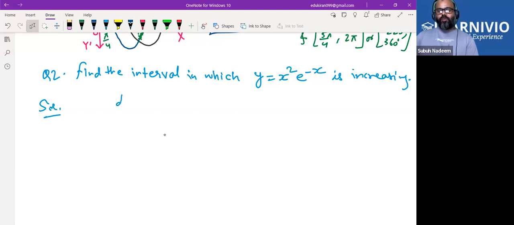So here also you have to do the same thing. dy by dx, which is the derivative of this, is greater than 0.